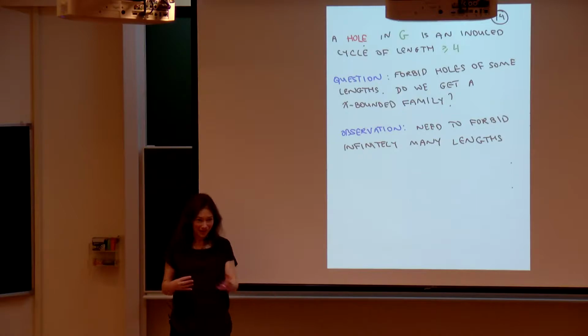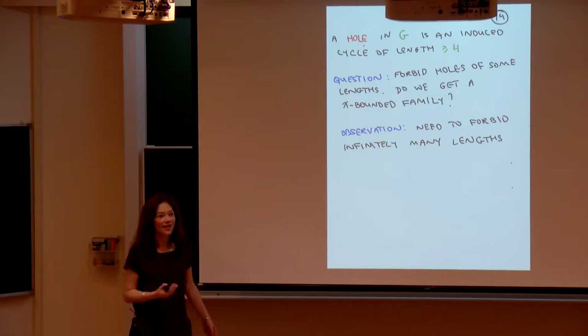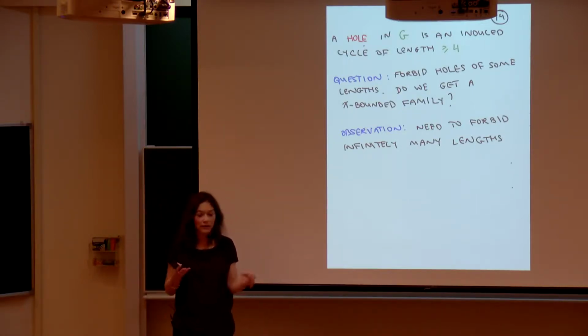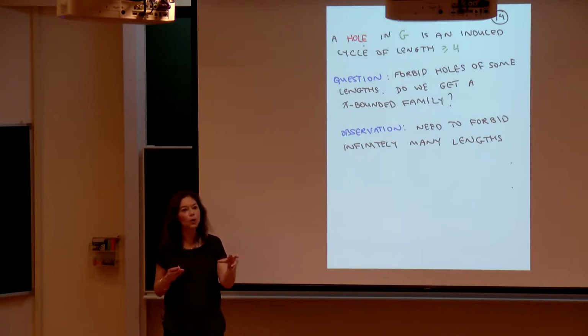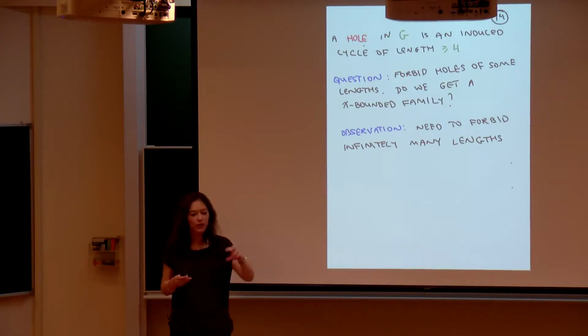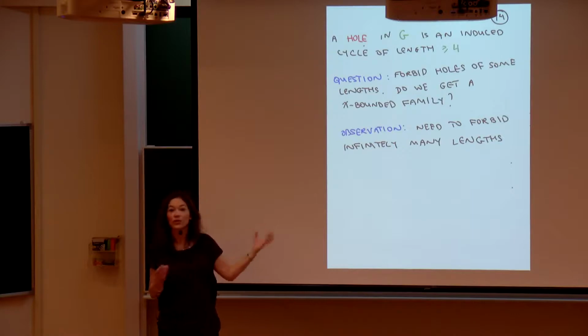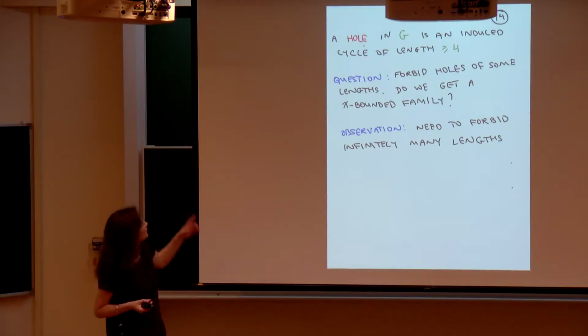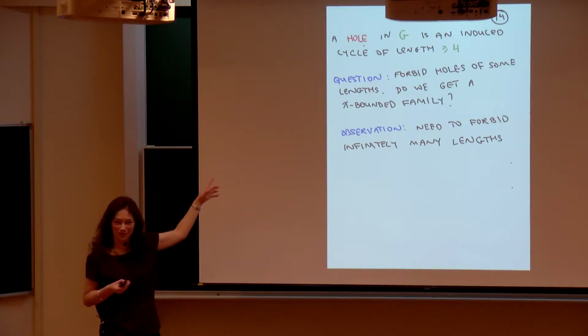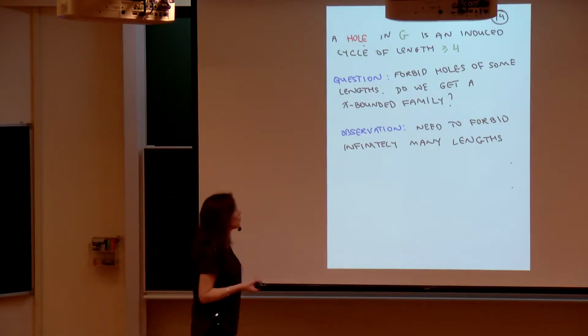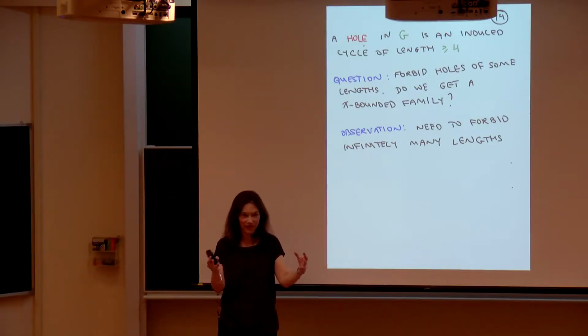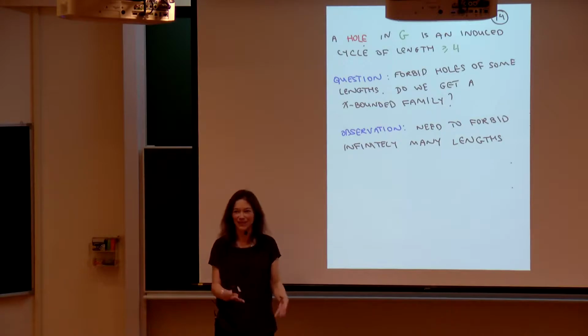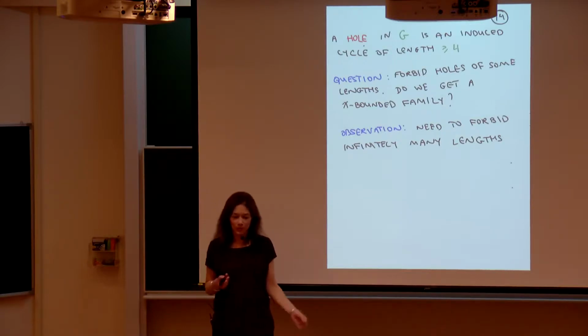So if you go in that direction, a natural question is, what if I forbid some hole lengths? For perfection, I forbid all odd holes. I should tell you what a hole is. A hole is an induced subgraph that is a cycle of length at least 4.